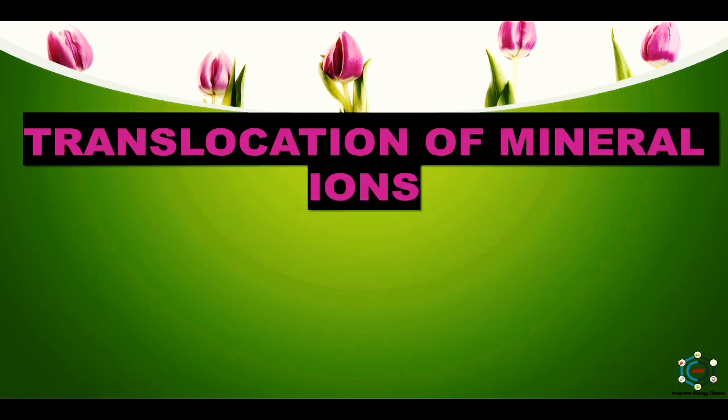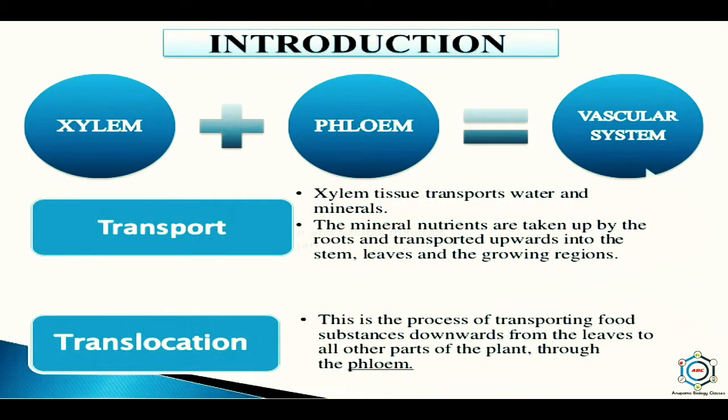Now, translocation of mineral ions. So, how do the mineral ions translocate? At first, see here that xylem and phloem combine to form the vascular system. So, in case of transport, xylem tissue transports water and minerals.